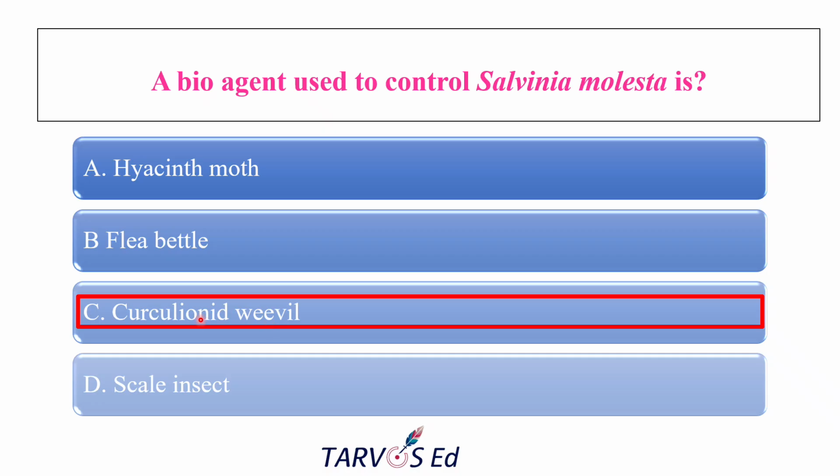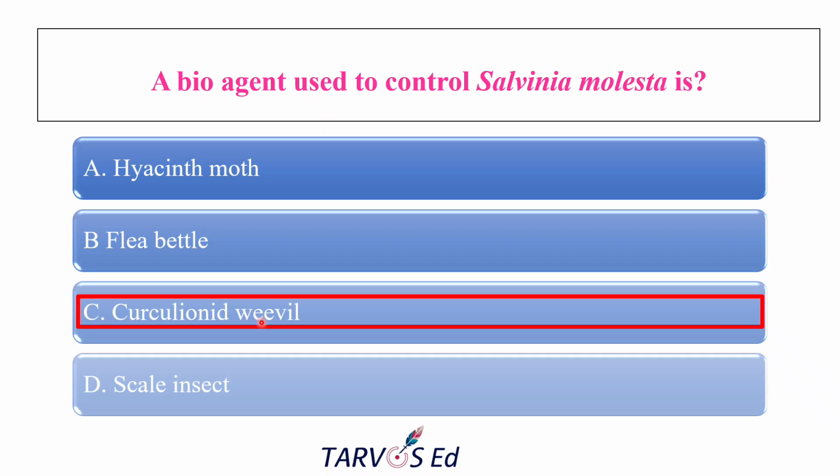See, both larva and adult of this particular insect will feed on the Salvinia molesta, on buds, stems, and roots also. Most parts of the Salvinia molesta will get completely devastated by the larva and adult. It is not a pest, it is a biocontrol agent, a beneficial insect.